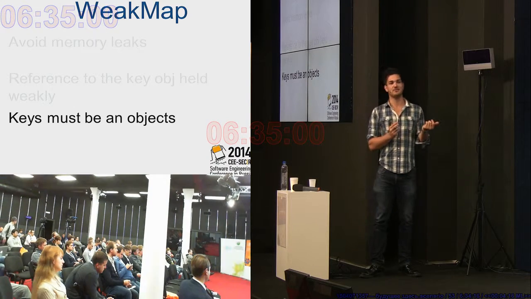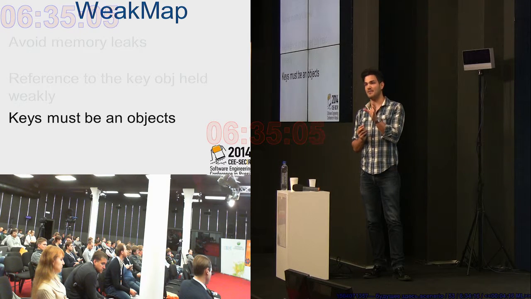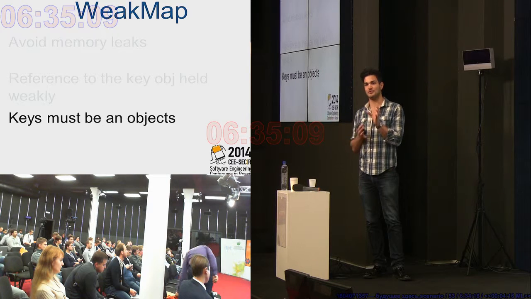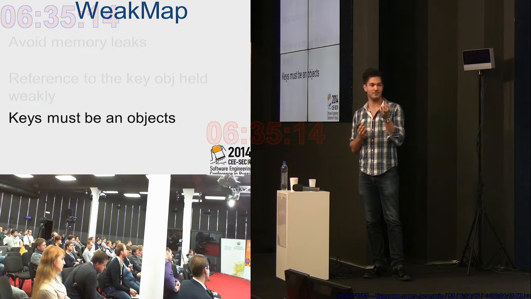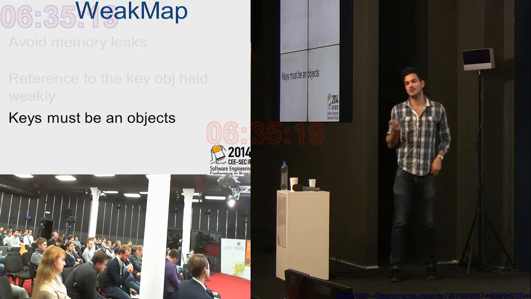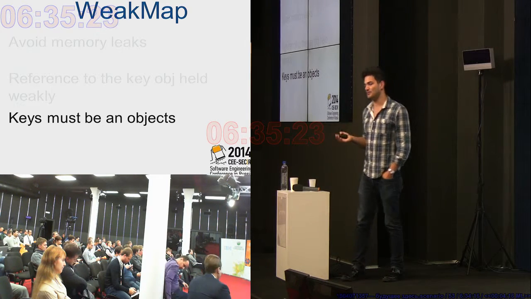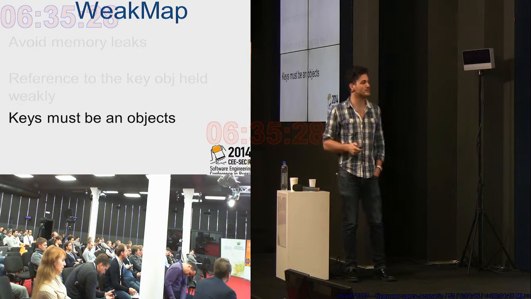In a weak map scenario instead, if you set the value of that object to undefined, the garbage collector is able to garbage collect the object because the reference to the object is held weakly. That's really important because it can avoid all sorts of memory leaks that we often got in JavaScript with zombie objects, for example.